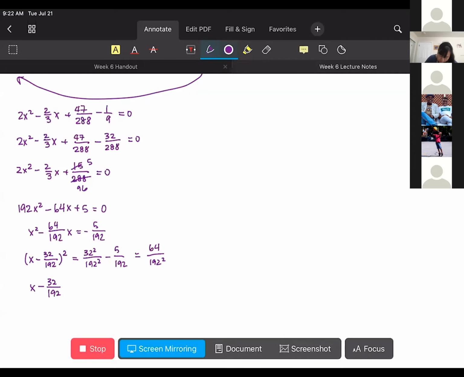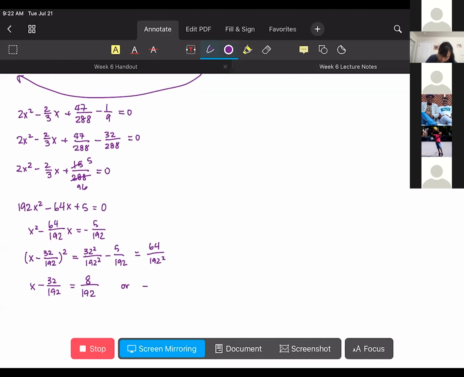Cool. So just to summarize, 32 squared over 192 squared minus 5 over 192 is going to give us 64 over 192 squared. You can check my math. And then if we square root both sides, we get 8 over 192, or negative x plus 32 over 192 equals 8 over 192, right?